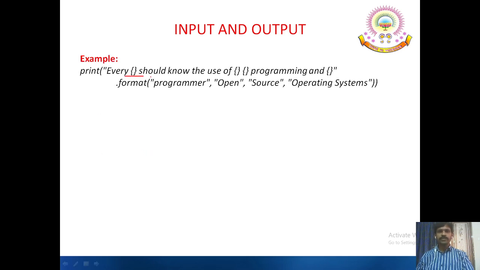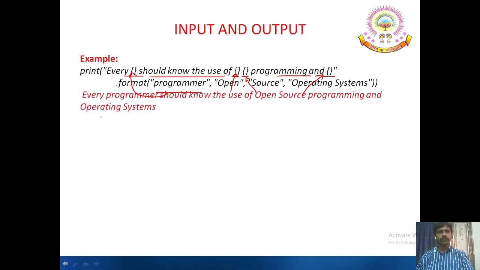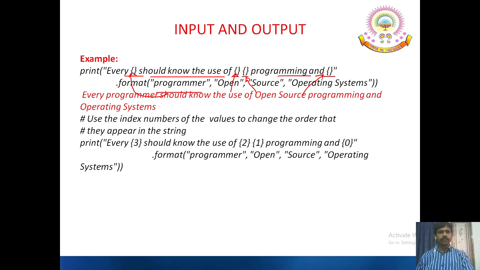Every brace should know the use of brace, programming, and brace. Format: programmer is for the first one, open is for the second one, source is for the third one, operating system is the fourth one. Every programmer should know the use of open source programming and operating systems.